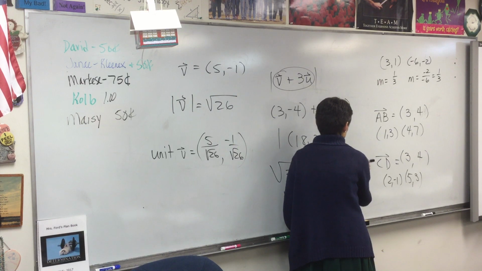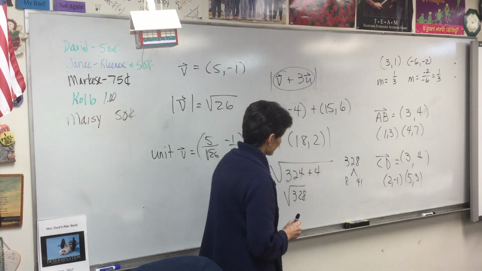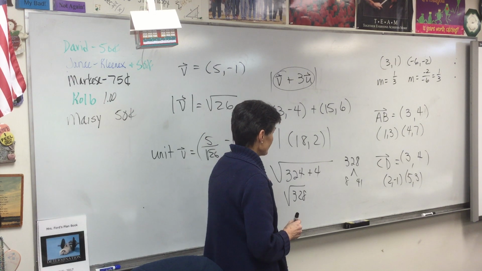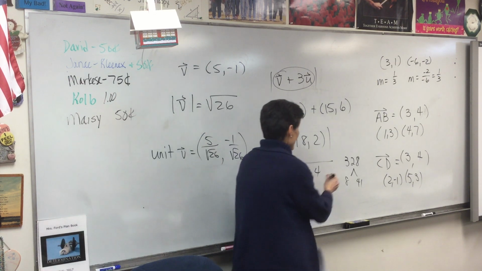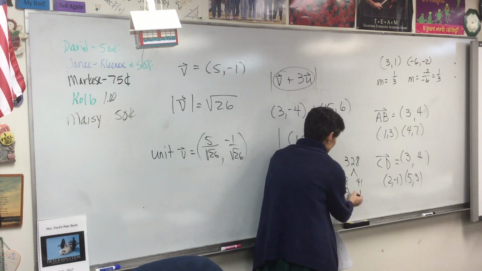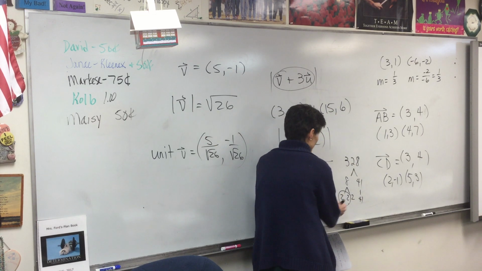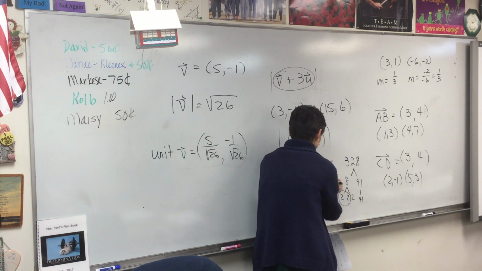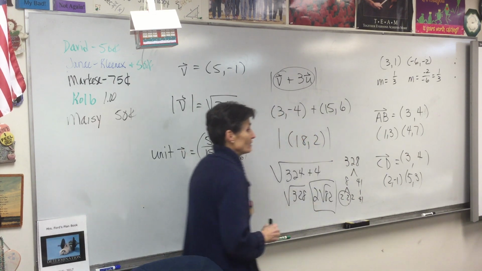I can tell that 8 goes into there 41 times. And 8 is 2 times 2 times 2. So I have a pair of 2s, so I'll pull out a 2, and then I have root 82 left over. So there's the final answer.